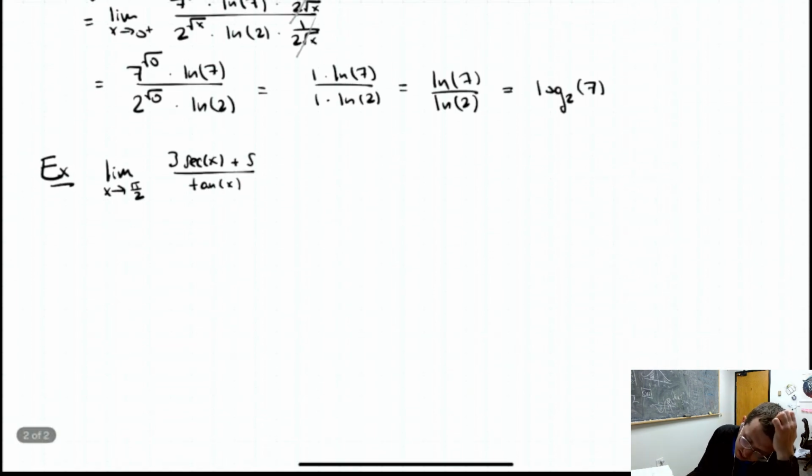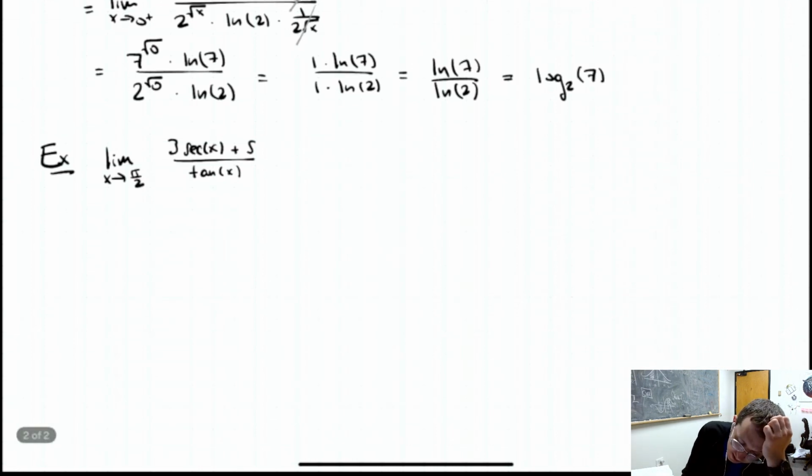Now this is tricky, because this is not even an infinity over infinity. Right? The limit as x approaches pi over 2 of the tangent of x does not exist.